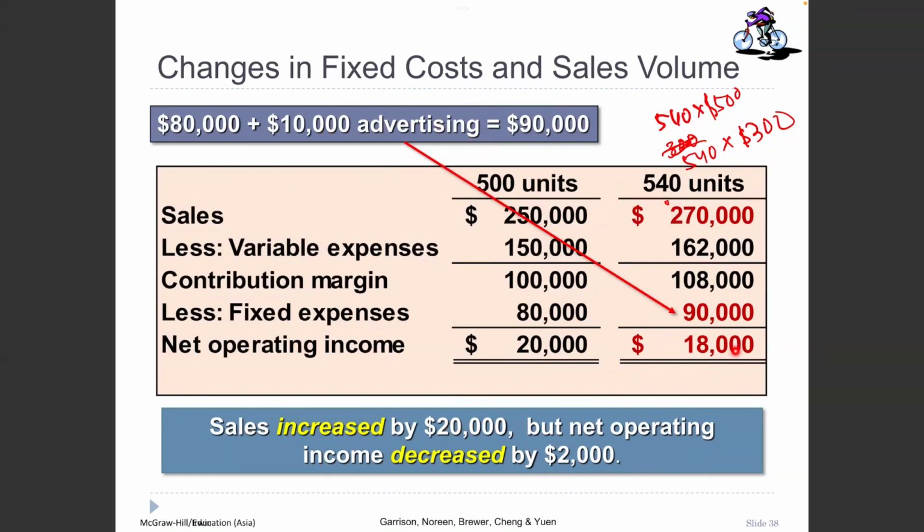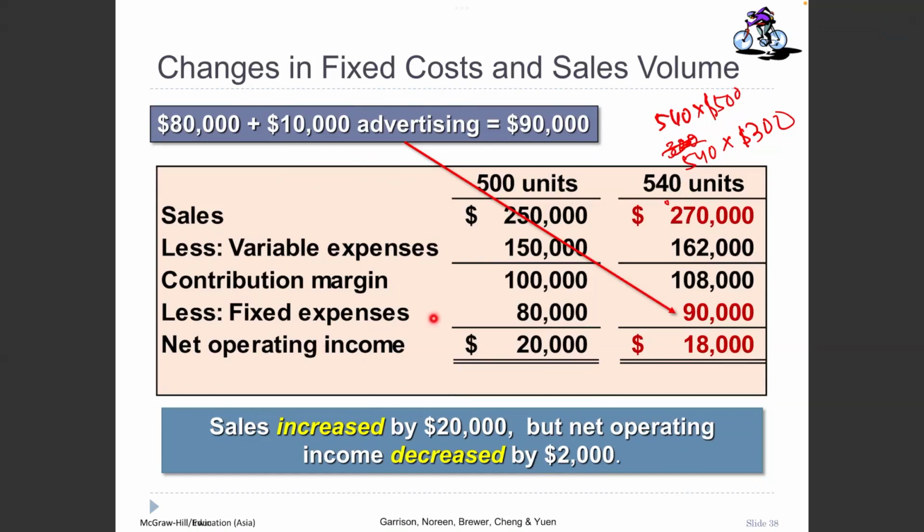Therefore, this is how cost-volume-profit analysis helps the company to determine whether it is worthwhile to increase their sales. If that would increase the expenses as well, it will impact the profit. You need to remember it does not necessarily mean that if you are selling more, you are getting more profit.